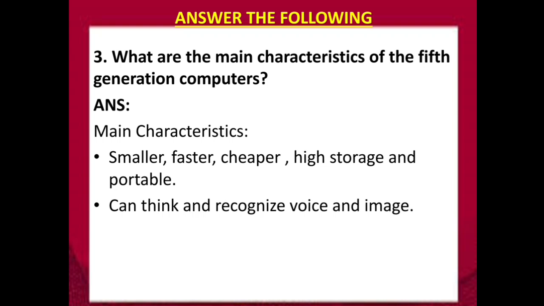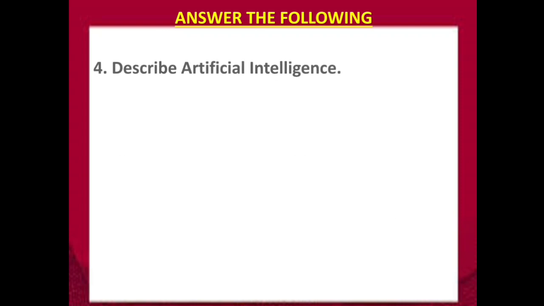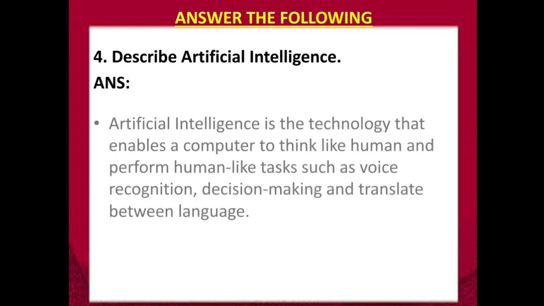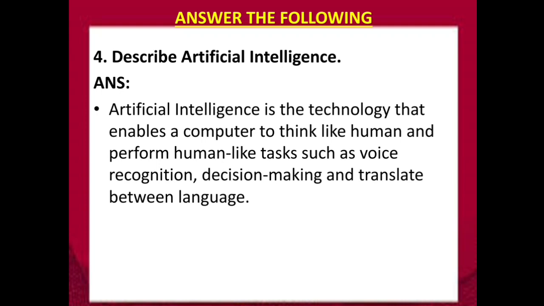Okay, the next question. Describe artificial intelligence. The answer is, artificial intelligence is a technology that enables a computer to think like a human.